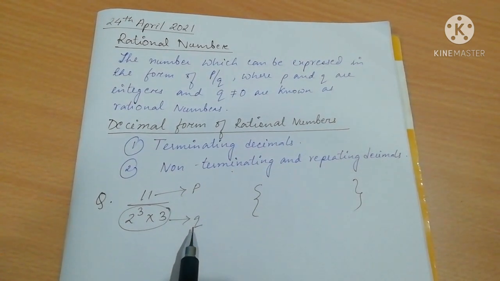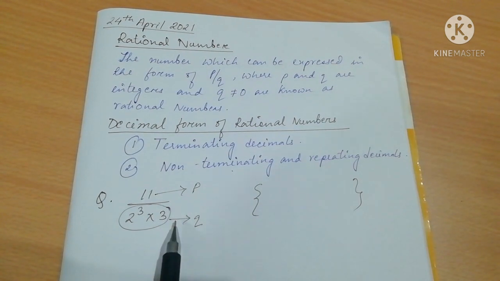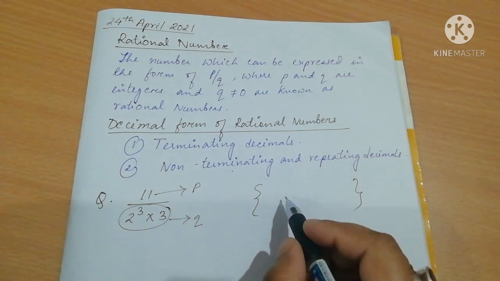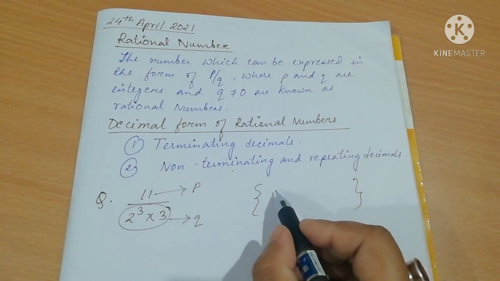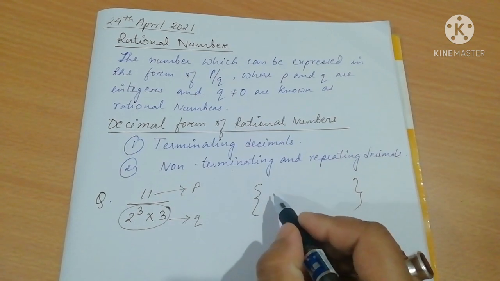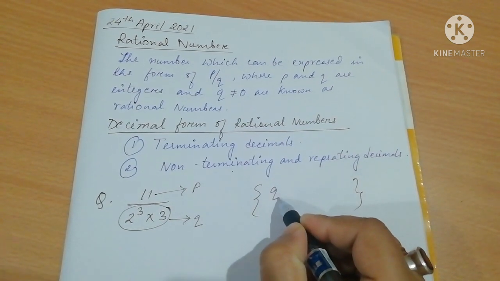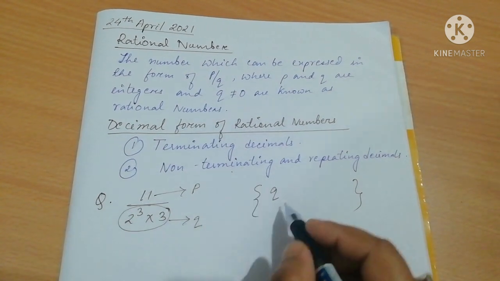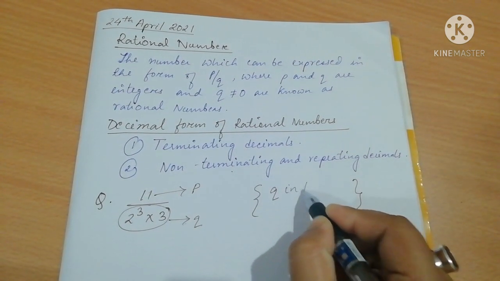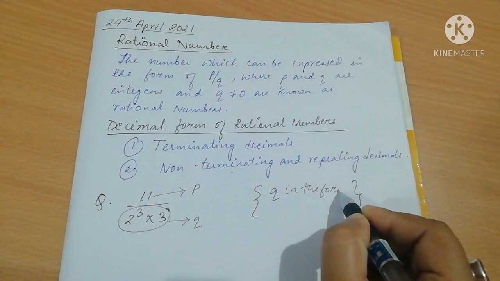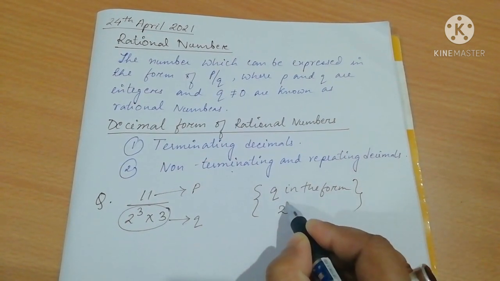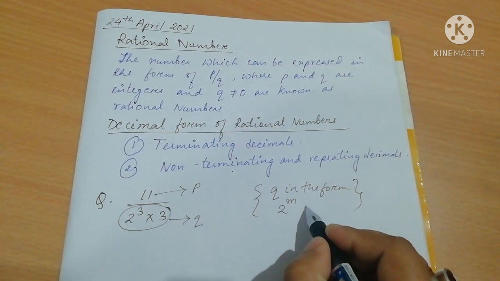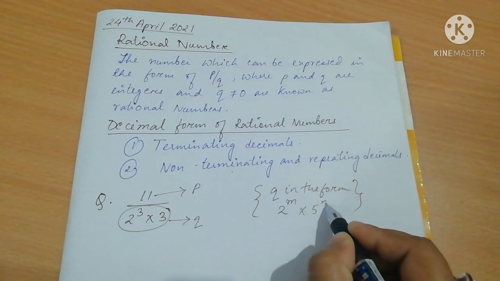To identify whether the decimal expansion of this rational number will be terminating, the hint you should know is that q, the denominator, should be in the form 2 to the power m into 5 to the power n.